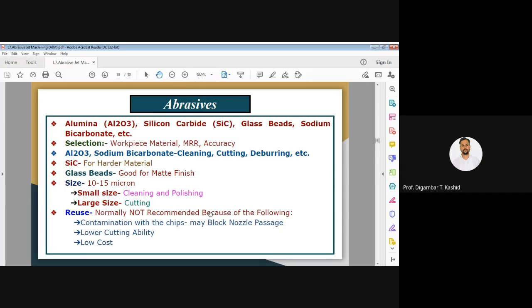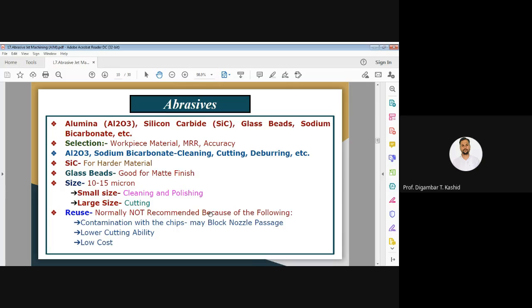Otherwise, if you put that component as it is into the subassembly or assembly without removing the burr, this burr can be dangerous or fatal for the life, and failure of the component may occur. To avoid the failure of your component, you need to remove the burr. This removal of the burr is known as the deburring operation.